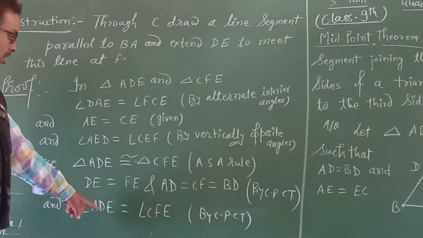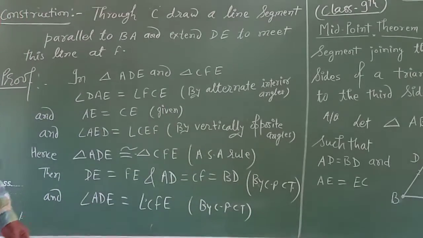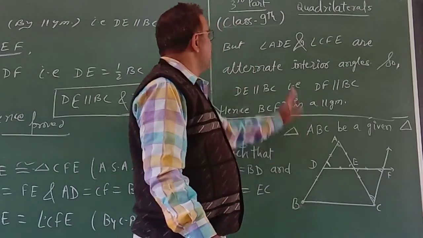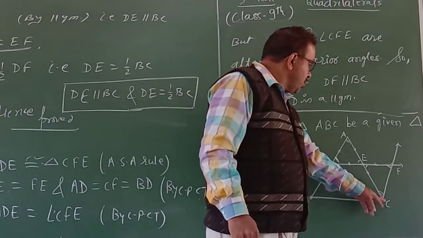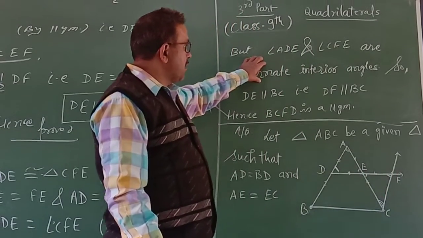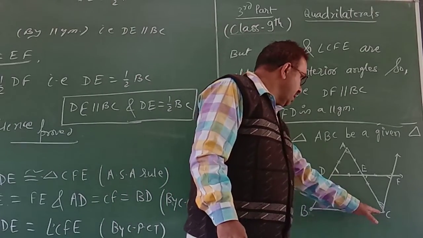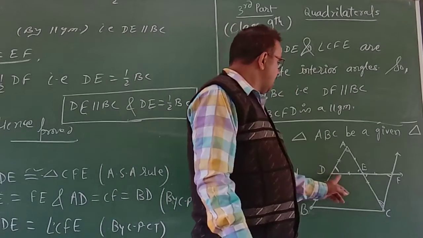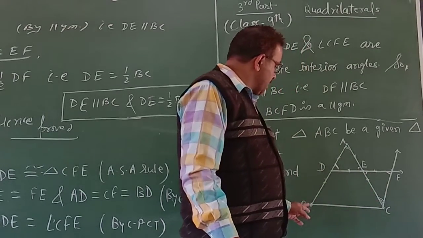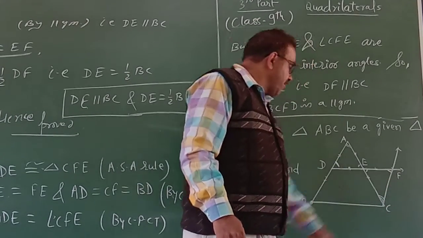But angle ADE and angle CFE are alternate interior angles also. So BD is parallel to CF, and by construction we already have BA parallel to CF.